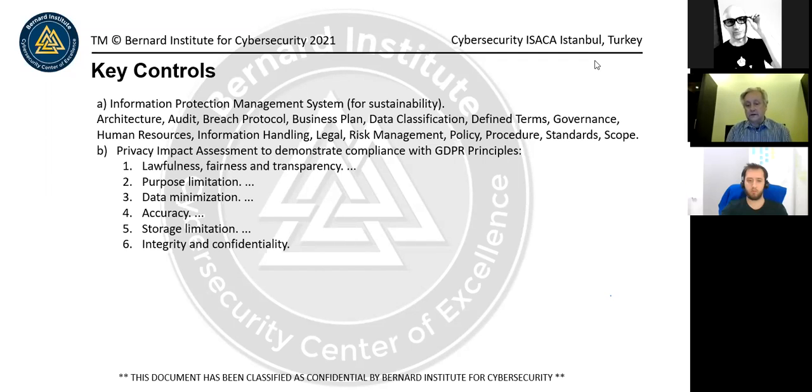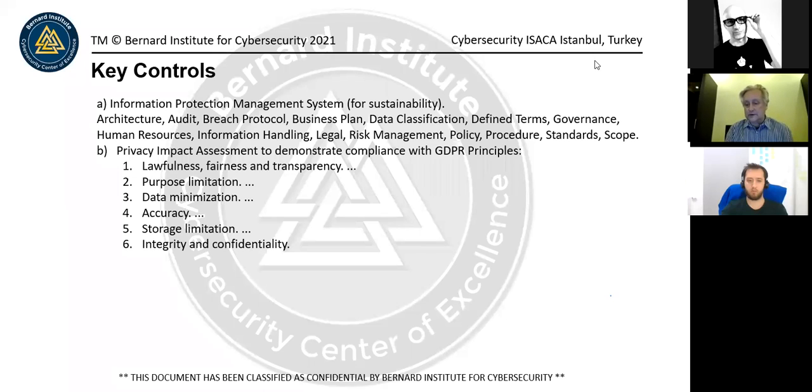How do you collect it lawfully? It's one of the questions. How is it fair? How is it transparent? You need to be able to provide an explanation. It doesn't have to be lengthy, it can be brief, but the PIA is supposed to be a living document to show how you comply. So you need to explain how you comply with the lawful collection of personal information.